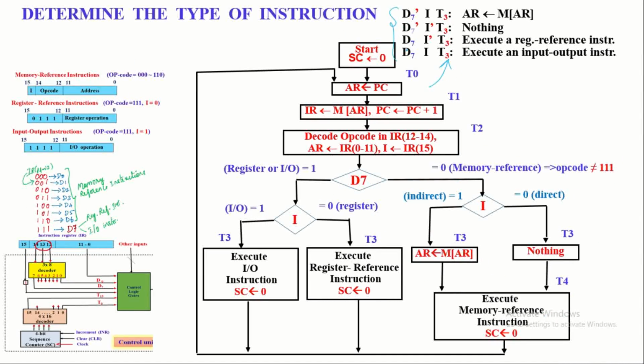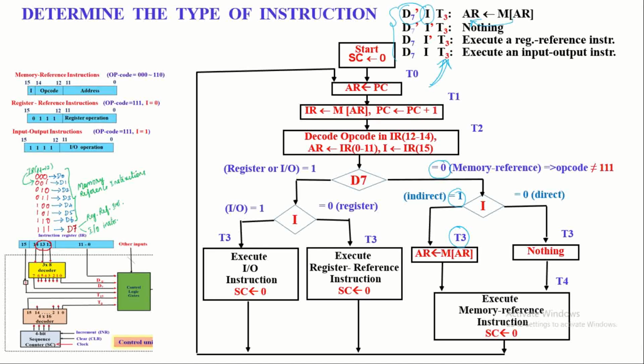Here you can see the symbolic statements which explain the concept we discussed now. That is, when D7 is set to 0 and the I flip-flop value is 1, then during the timing signal T3, the content from the memory location held by the address register is transferred to the address register.